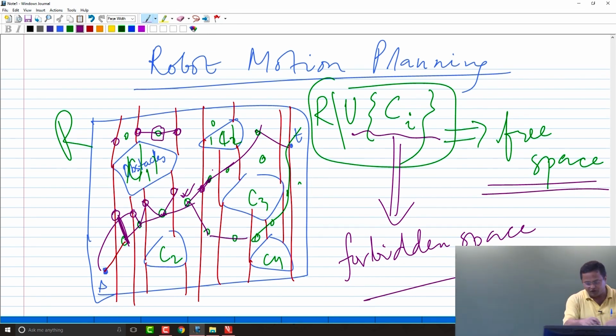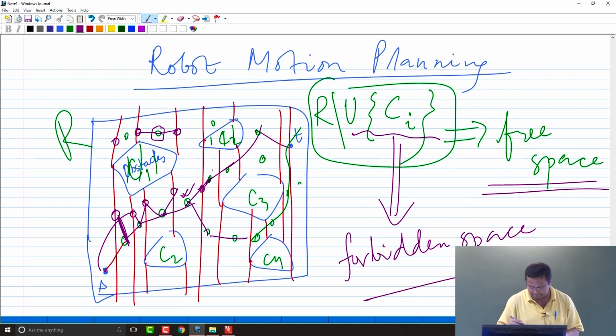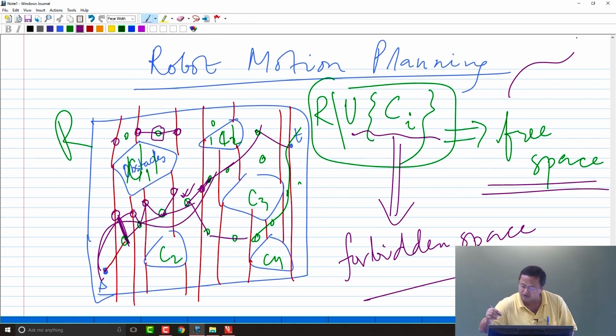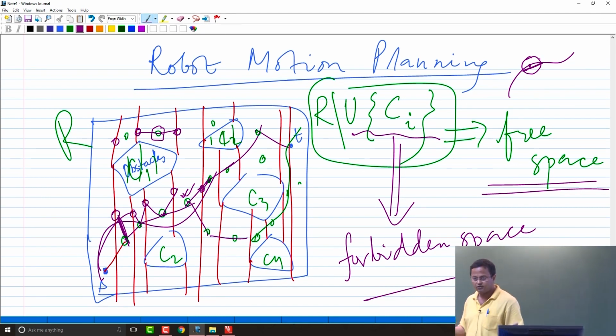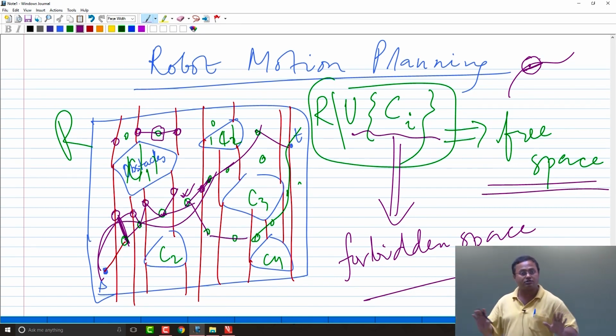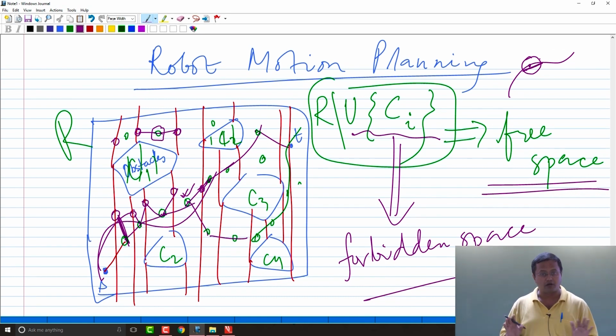Think of this free space and think of any curvilinear path. If you have a curvilinear path in the free space, then topologically speaking there should exist a small ball in this free space, and then you can short circuit this with a line, fine. So there should exist no curves in your shortest path.